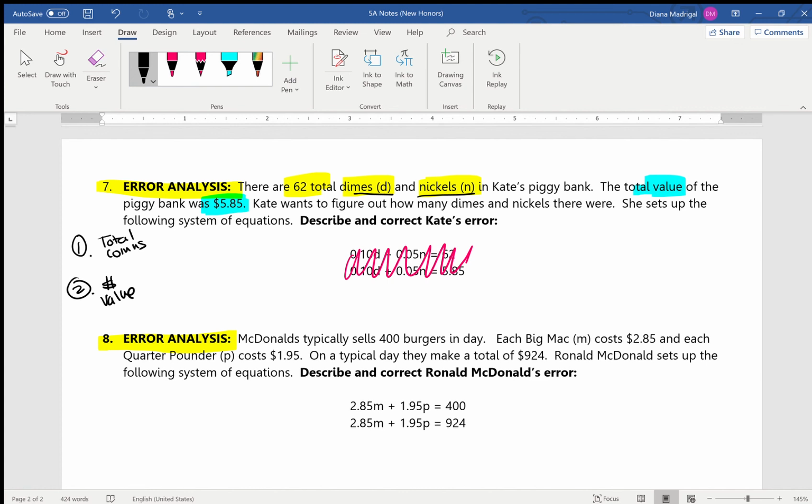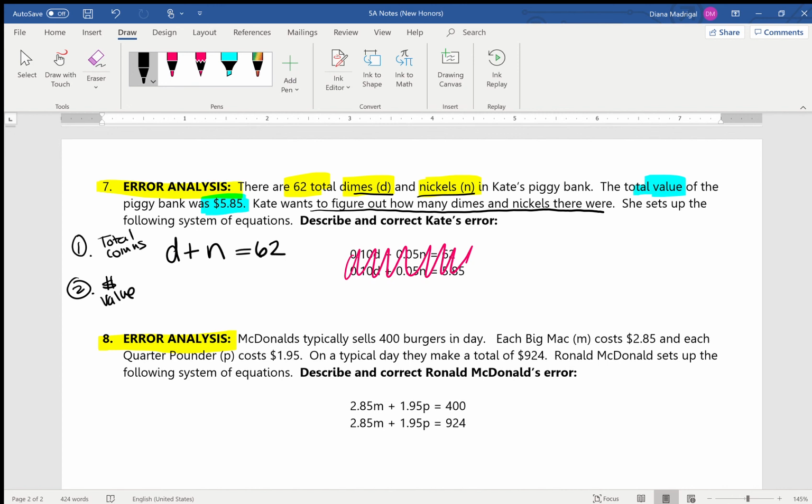Okay, so the total coins, we have 62 in total. And you know you have dimes and nickels. Do you know how many dimes and nickels? No, because she tells you she wants to figure out how many dimes and nickels there were. You don't know. So then that means it's D plus N equals 62.